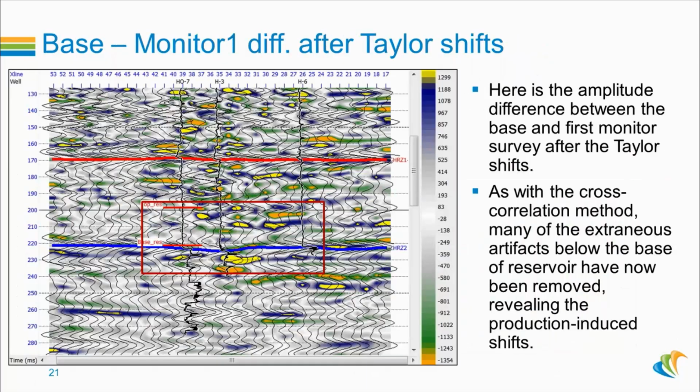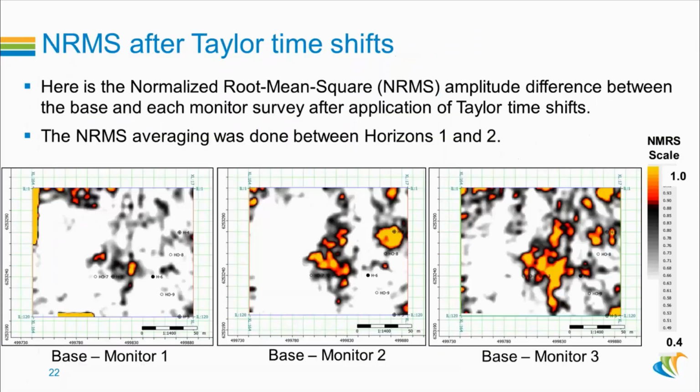And here's the difference, and the amplitude difference. Again, we've removed many of the extraneous artifacts, and we're showing some interesting anomalies, slightly different than the previous method, but they're still showing in the top to base reservoir interval. So these are of course the production-induced shifts.